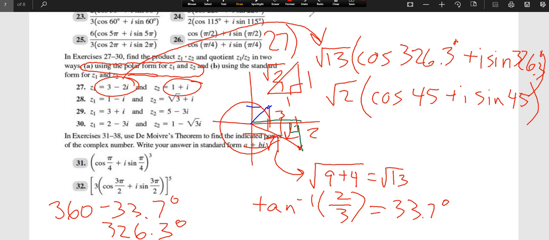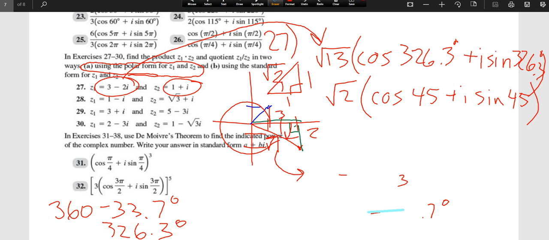Now, this particular question is going to be asking me to multiply these and divide them. Multiply and divide. So, when you multiply, what do you do with the radii? You multiply them together.